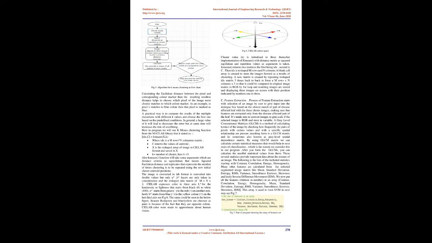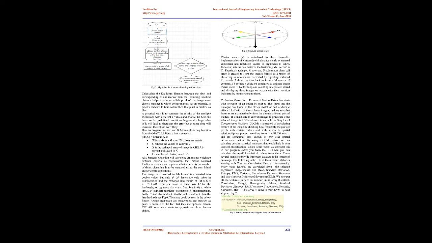The image converted into lab format is converted into double values, but only the A*B* layers are taken into consideration and then reshaped into a matrix of MXNX2. CLAB expresses color in 3 axes: L* for the luminosity or lightness, which starts from black, 0, to white, 100; A* starts from green to red, plus, on another axis.